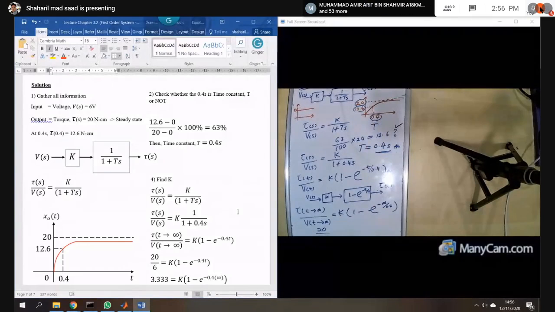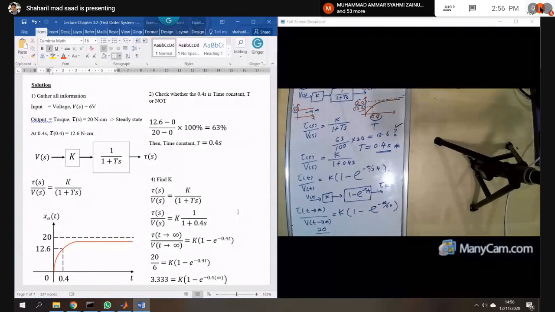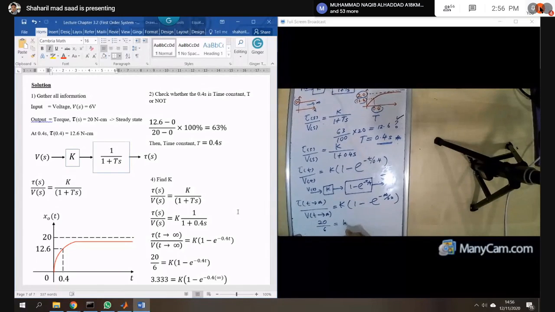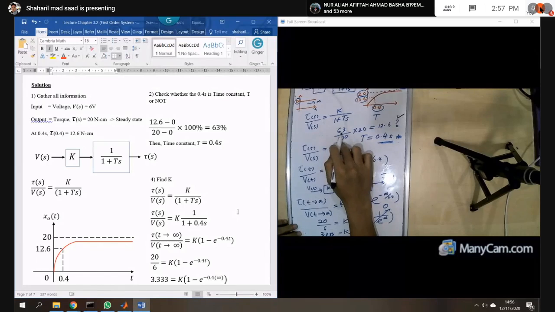And divided by the input V when t goes to infinity, it will maintain at 6. So you get 20 over 6 here. And K times 1 minus e to the power of minus infinity, which of course gives 0 for the exponent term. So the final K is 20 over 6, which is 3.333.